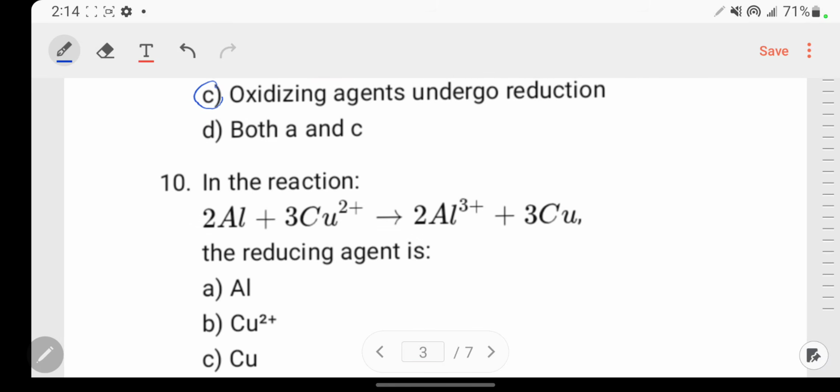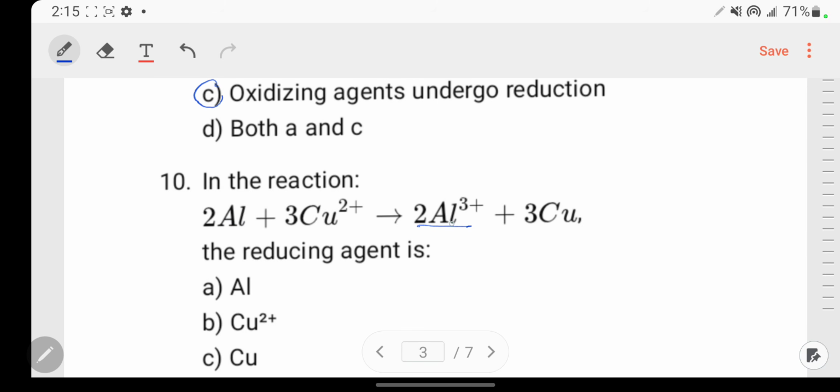Let's look at question 10. It says, in the reaction aluminium plus copper, which is the reducing agent? If we look at this one, for the reducing agent, the charge has to increase. The reducing agent is the one that has the charge increased, because it has to end up being oxidized. So the answer is this one.